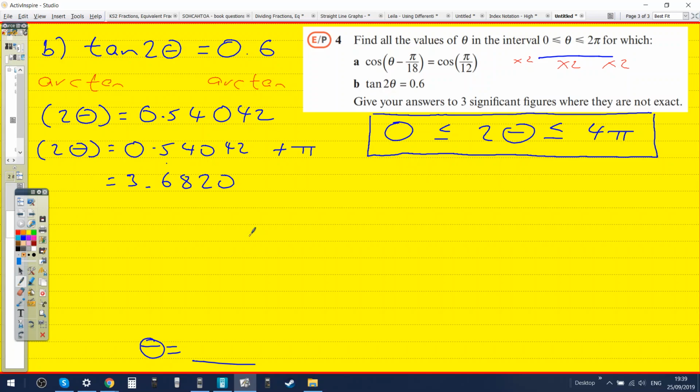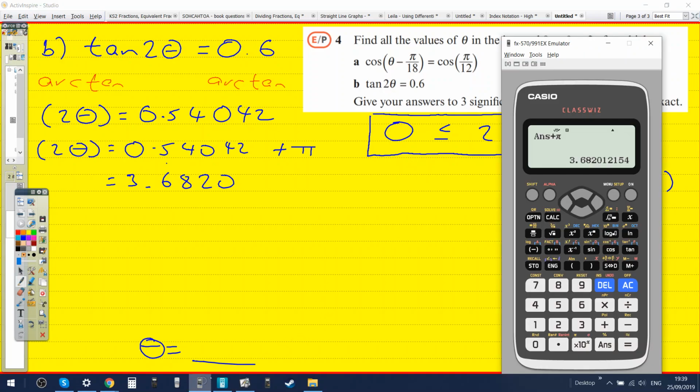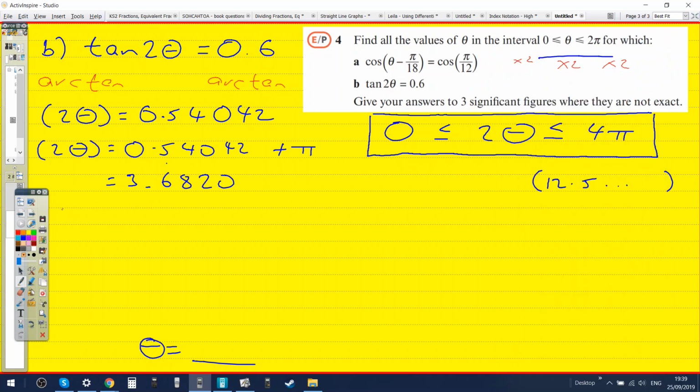And we want to know if we've got all the values. So do we calculate what 4 pi is? Sure. So that's 12.5. So we could just keep on adding pi to the values that we have. So 3.68201 plus pi, 6.82360.